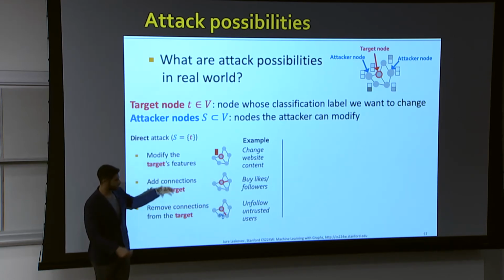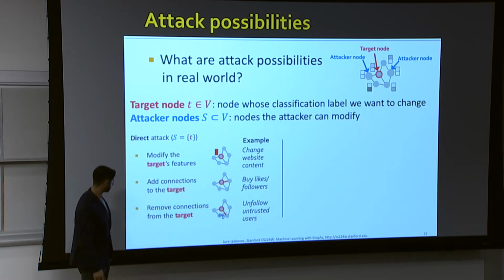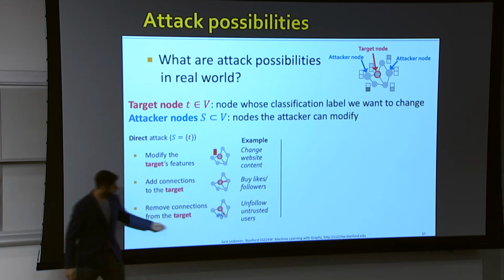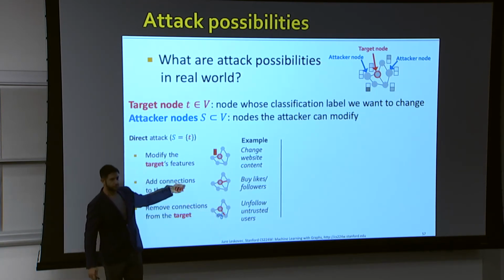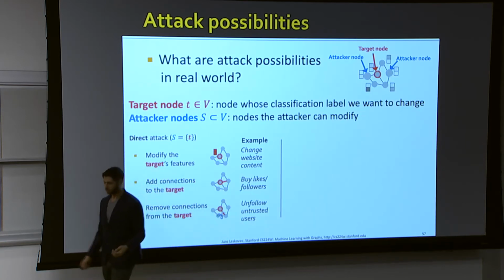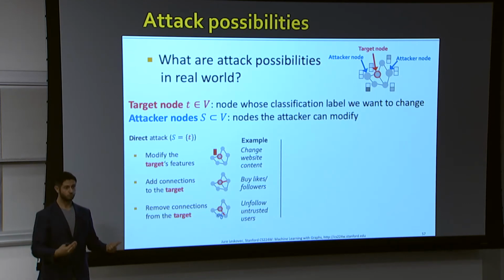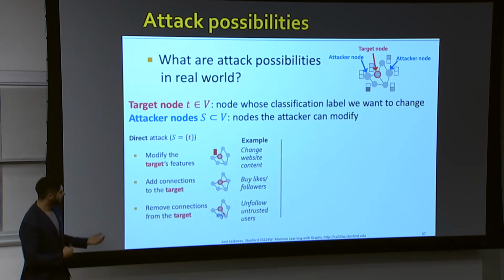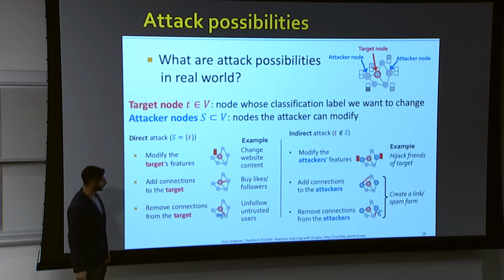So we can get from these spam farms many more followers for our bot account, or we can also remove connections from the target. We can cut some edges in case our fake account is followed by a lot of untrusted users, then we can decide to get rid of them because perhaps Twitter knows that we're being followed by a lot of fake accounts. So these are the kinds of direct attacks that we can do on the target.